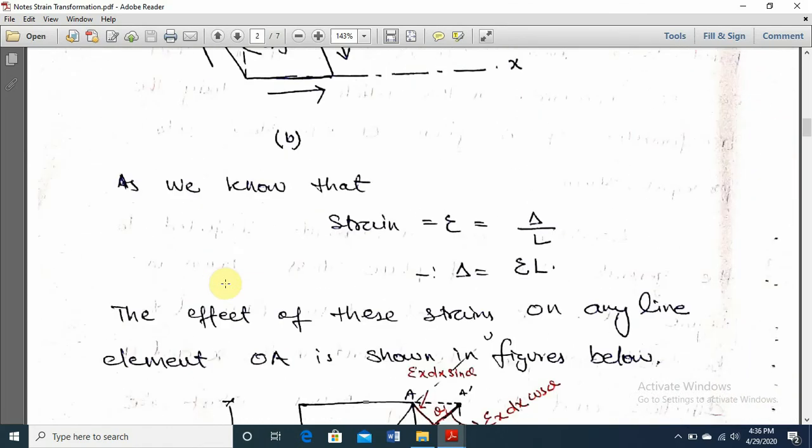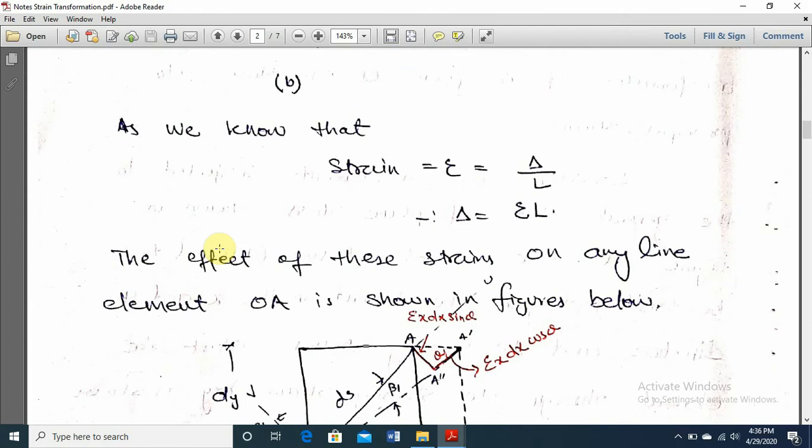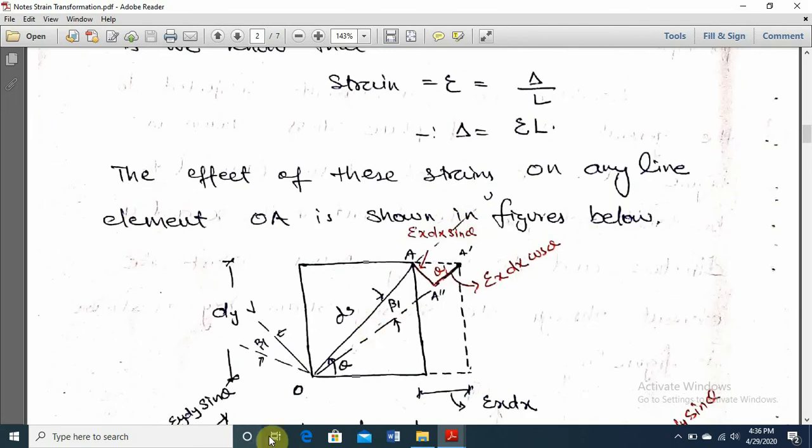So let's start. As we know that strain is equal to change in length divided by original length, and this change in length will be equal to strain multiplied by the original length. The effect of these strains on any line element OA is shown in figure. For example, we have an element OA. When we apply the stress sigma x, there will be a strain in the x direction.